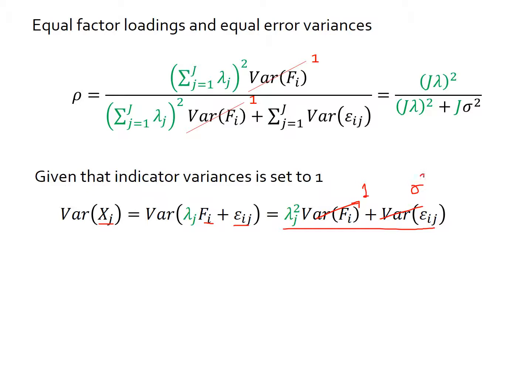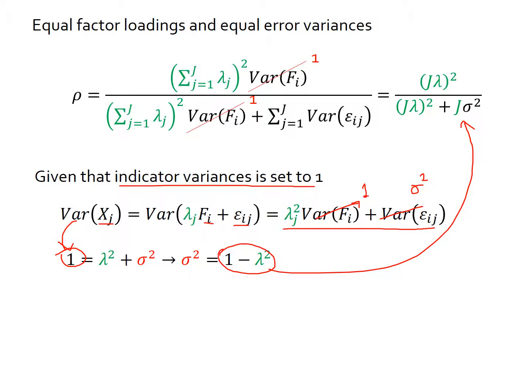This one equals 1 and this one equals sigma square, so we get the variance of x sub j, and because we set the indicator variance to 1, we have 1 equal to lambda square plus sigma square. So we can move it around so that sigma square equals 1 minus lambda square.